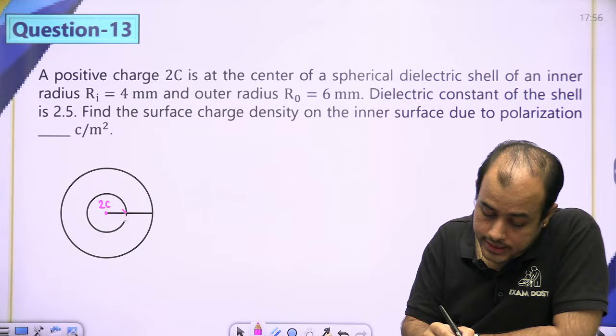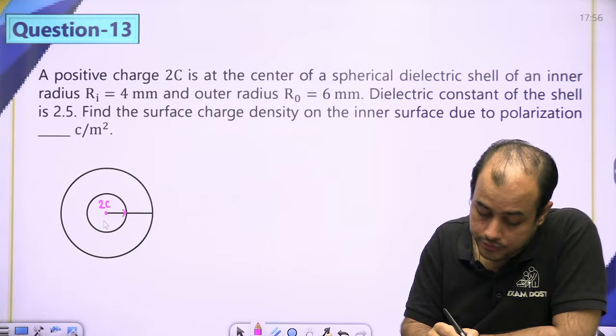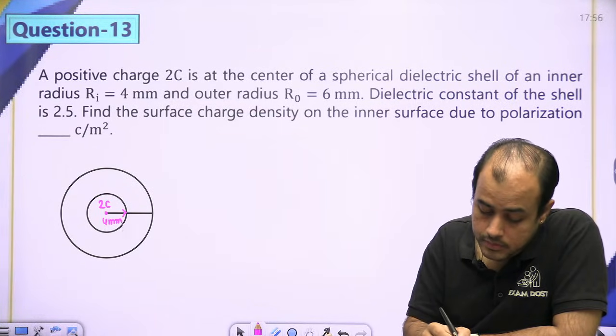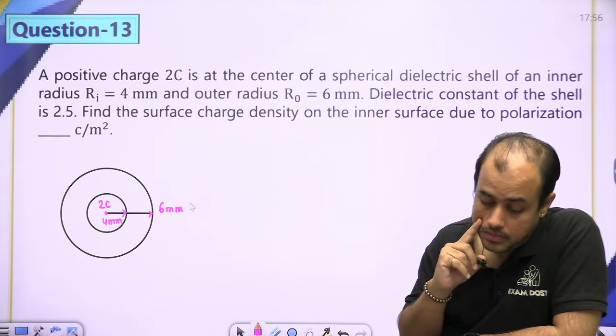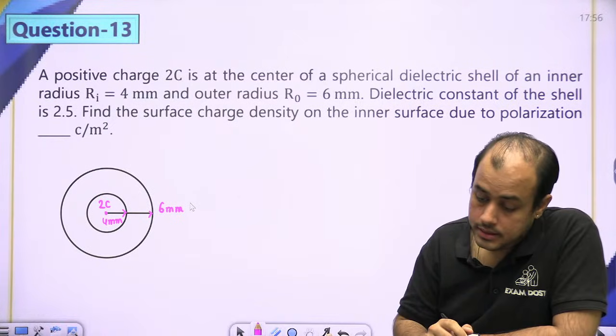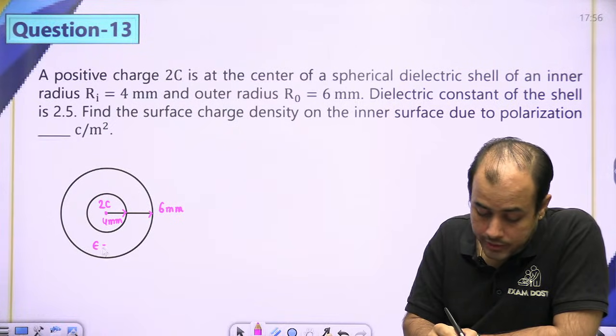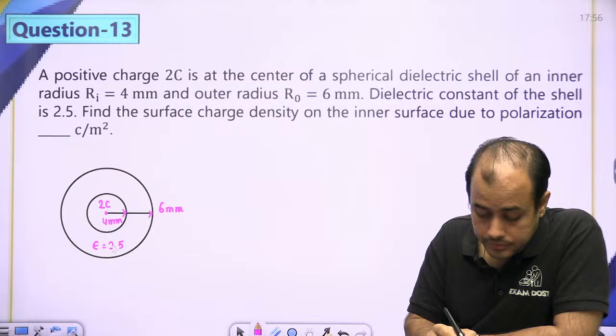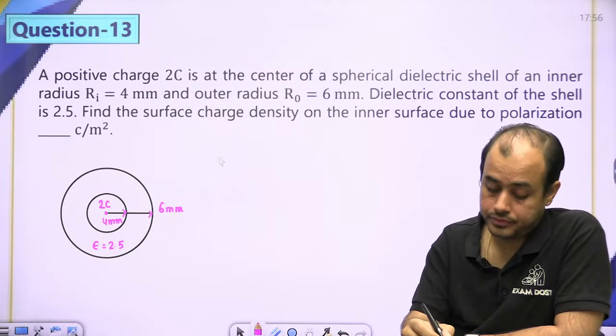Now the inner radius is what? 4 mm and the outer is 6 mm. Okay. Now epsilon is 2.5.